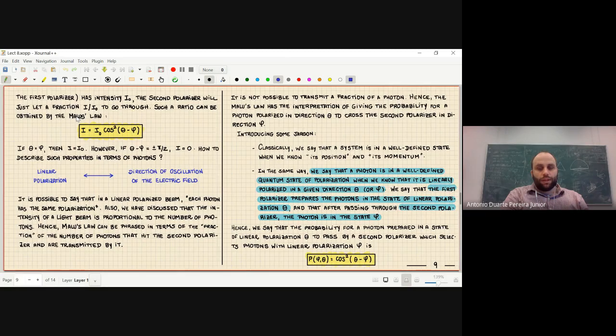Do you understand? And what is written here is that the second polarizer will just permit a fraction of the intensity after the first polarizer to pass. So as you see, I is equal to I naught times cosine squared. And since this number is between 0 and 1, we say that just a fraction of I naught will go through. Okay?